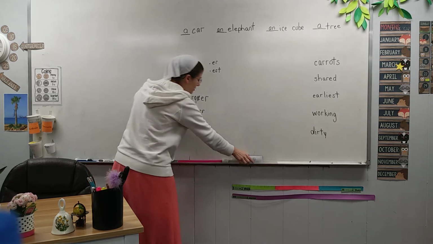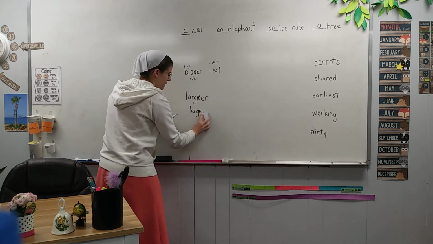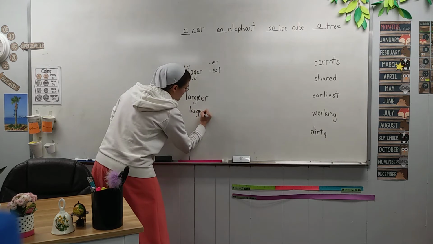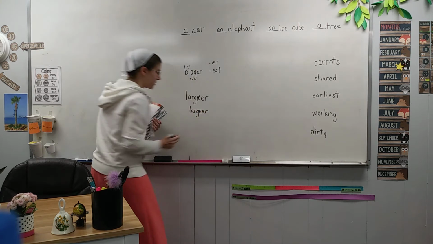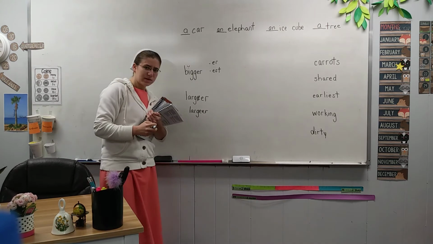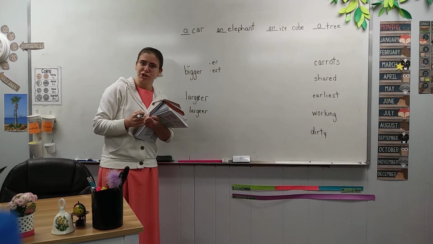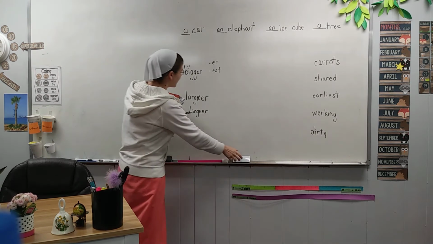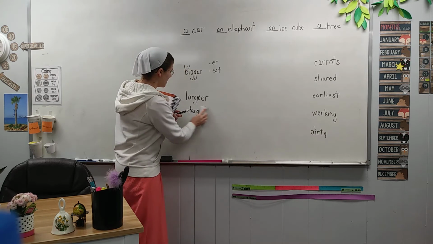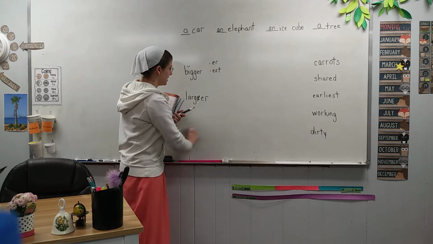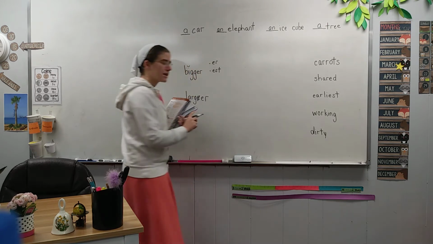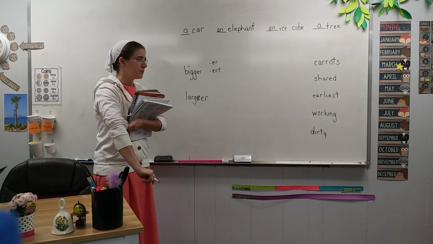Okay, it would look a little funny if we didn't drop our silent E, because then we'd have two E's in a row, and that would look kind of like largier or something like that. All right, so drop the silent E if you're adding a suffix that begins with a vowel.